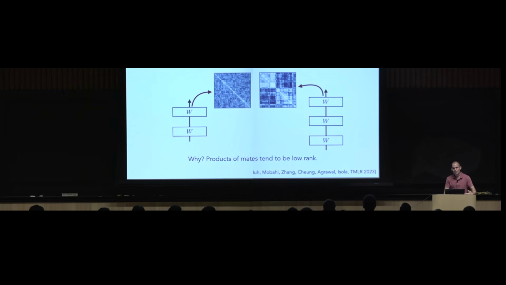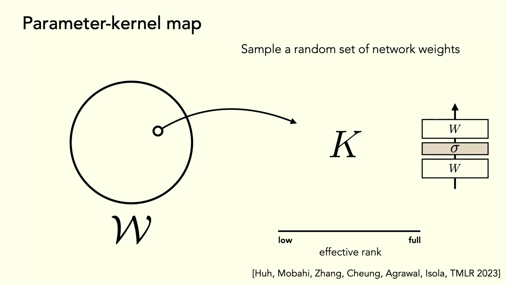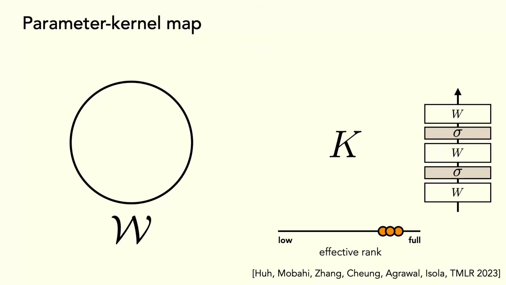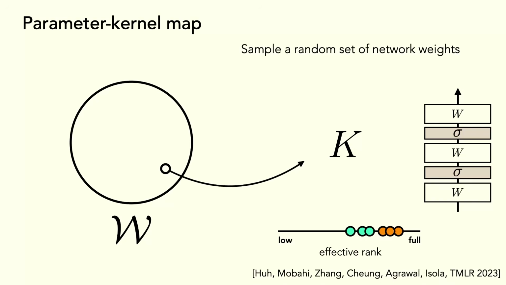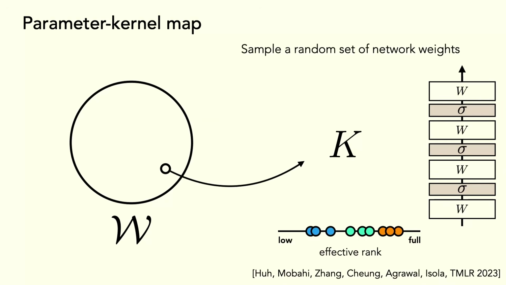Now, deep nets are not products of random matrices, but the full argument is that if I'm looking at the weight space of a neural network and I'm sampling a random point, if I have a shallow network, then most random points will be full rank. And if I have a deeper network, whether it's a linear net or a nonlinear net, I will tend to map to lower rank solutions just by chance.